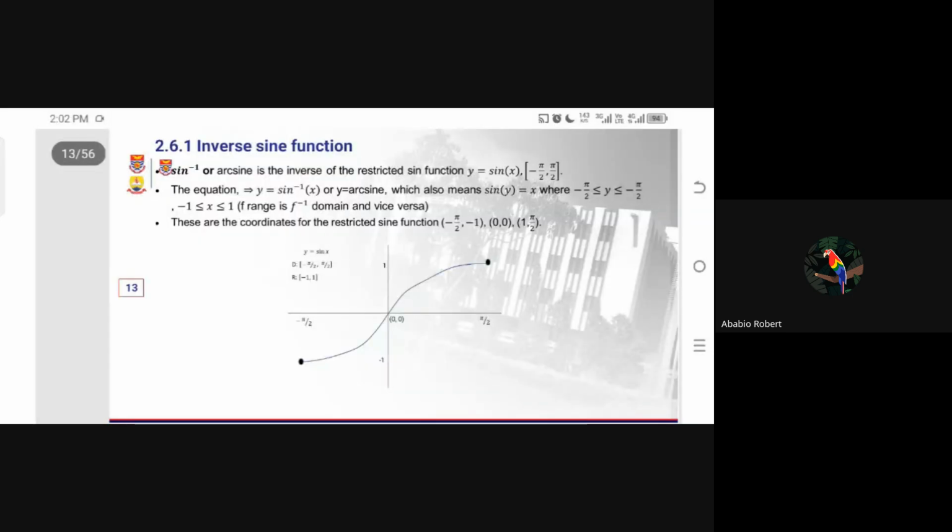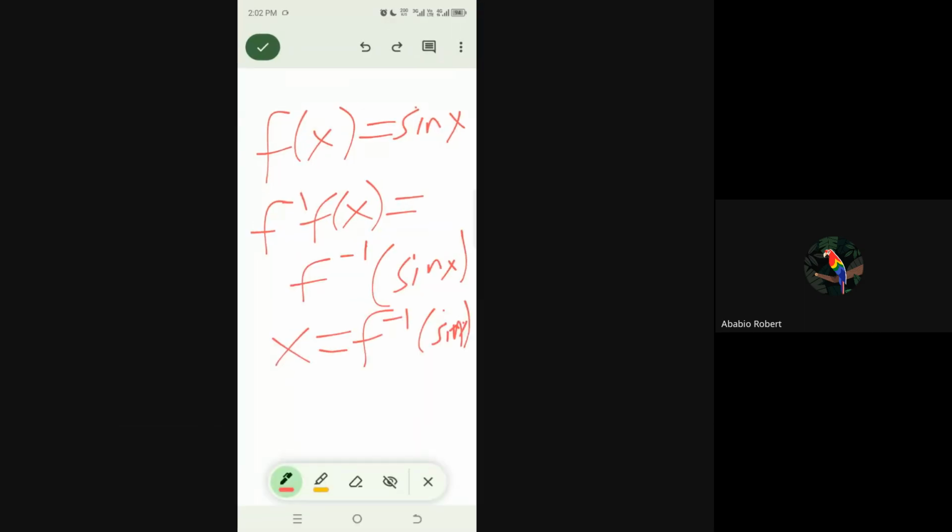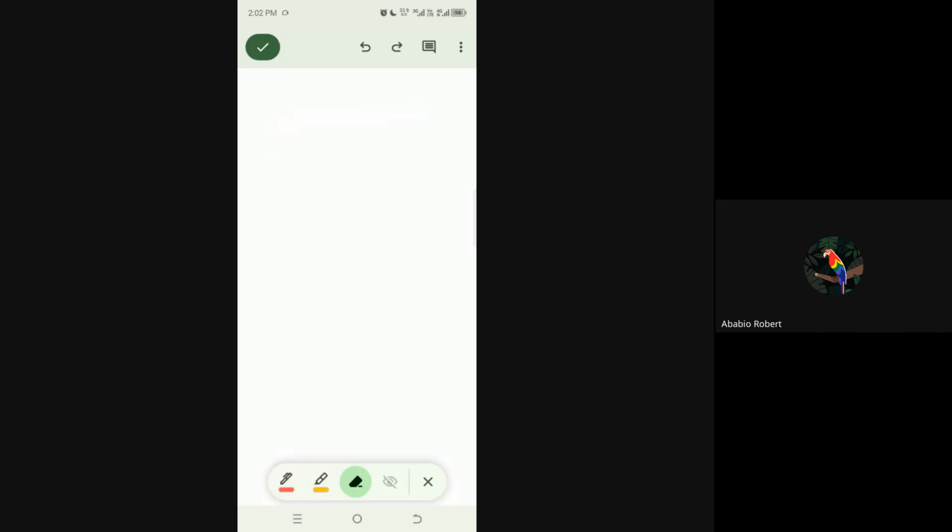The equation y is equal to sine inverse of x, or y is equal to arc sine of x, also means sine y is equal to x. So what you do is that you don't find the inverse, we find sine inverse of both sides. That is the problem, I was doing something wrong. I got confused a little bit.